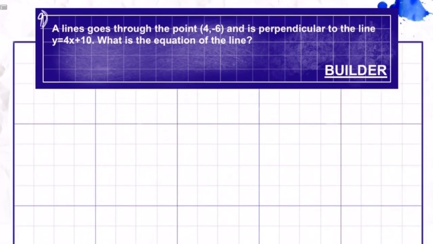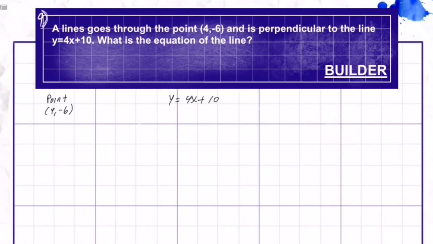A line goes through the point (4, minus 6) and is perpendicular to the line y equals 4x plus 10. What is the equation of the line? So we had the point (4, minus 6), and we have the equation of the line y equals 4x plus 10.